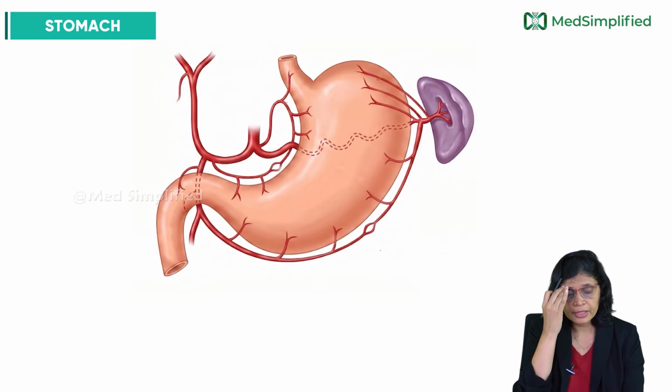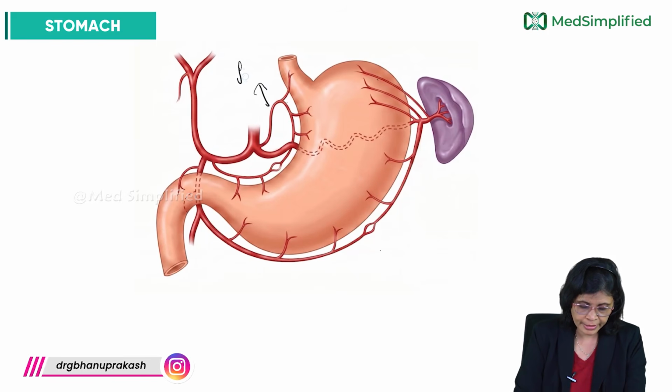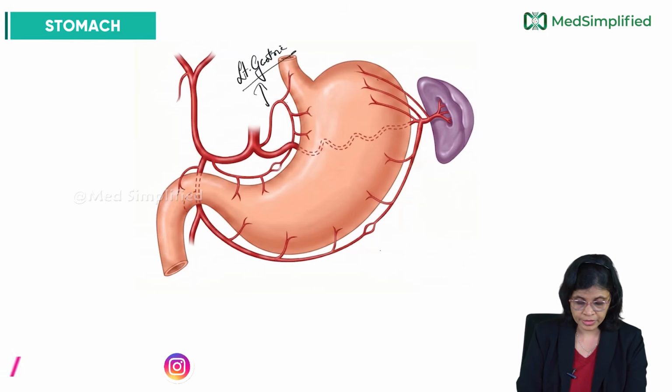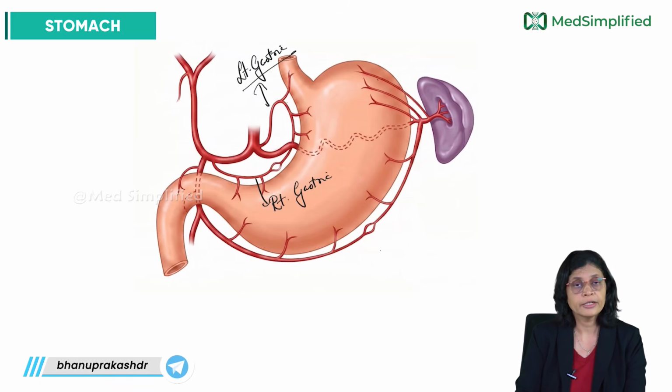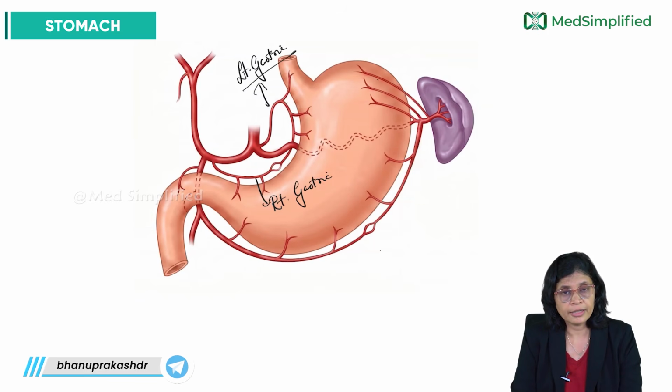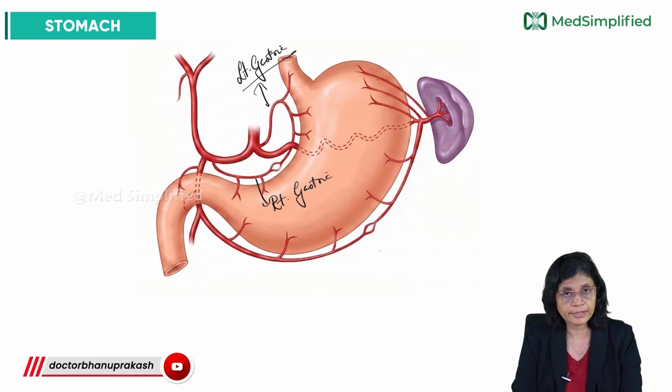So the blood supply of the stomach is mainly by the right and left gastric and the right and left gastroepiploic arteries. The left gastric artery is mainly a branch from the celiac trunk, whereas the right gastric artery is a branch from the common hepatic, which is a branch of the celiac trunk. They run through the lesser omentum and along the lesser curvature they anastomose, and form the arterial arcade, giving the subserosal, intramuscular as well as the submucosal plexus.